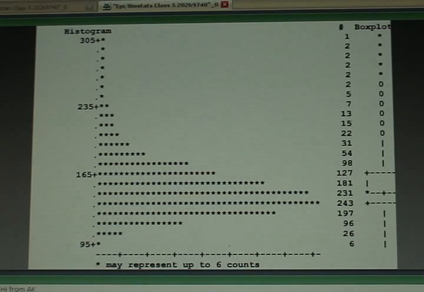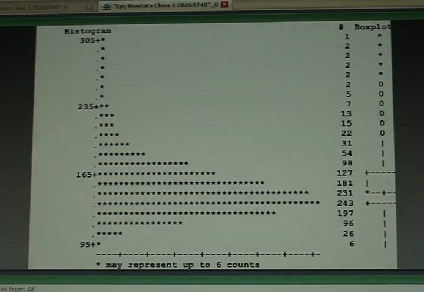Any person above the 75th percentile whose blood pressure is within 1.5 times 30, 45 units, will be represented by a dash. People above that will be represented by zeros until they reach another 1.5 interquartile ranges above the top of the box, then by stars after that. So the different symbols say how far away you are from the 75th percentile or below the 25th percentile.